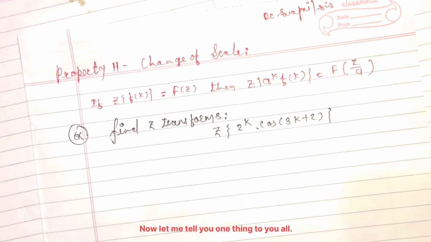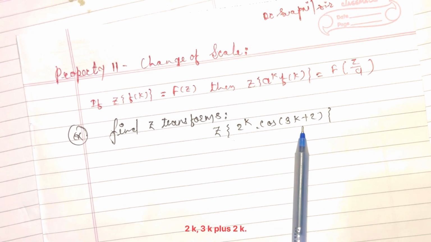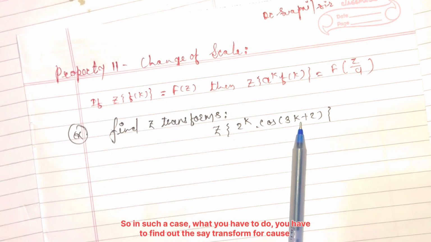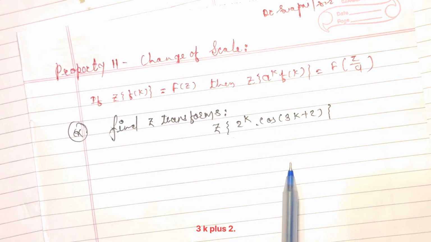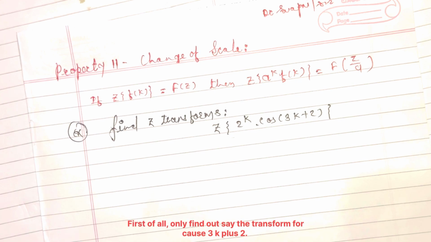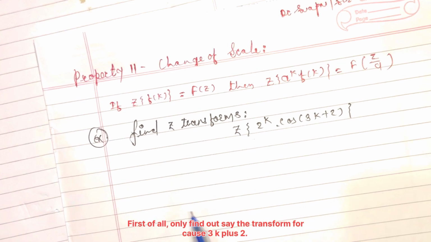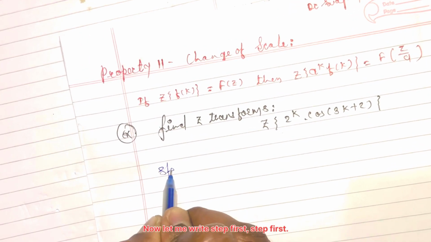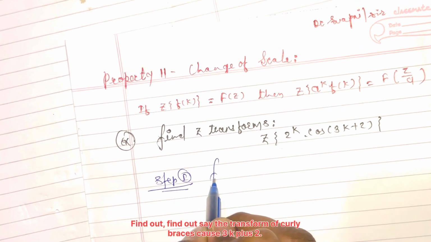Always remember, whenever you have any constant multiplying the cosine term, first find the Z transform for cos of 3k plus 2 only. This is our step one: find the Z transform of cos of 3k plus 2.